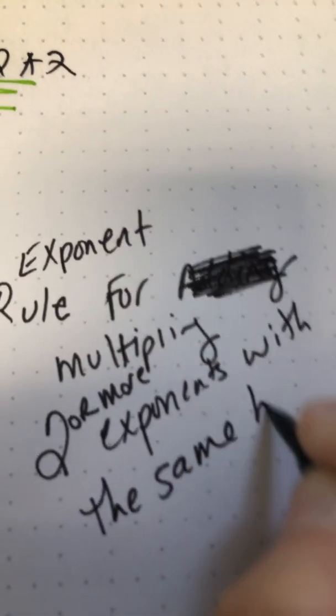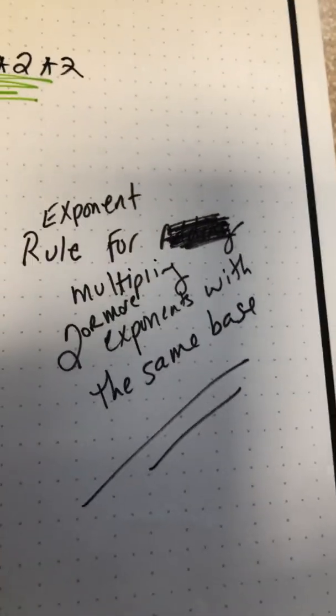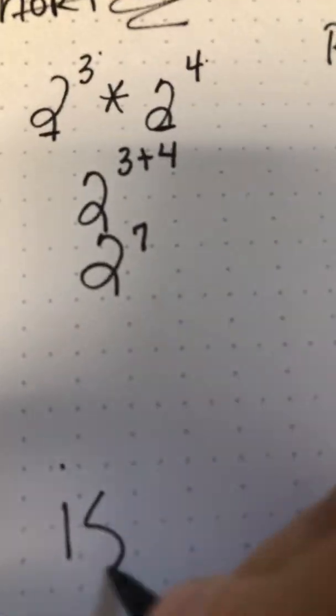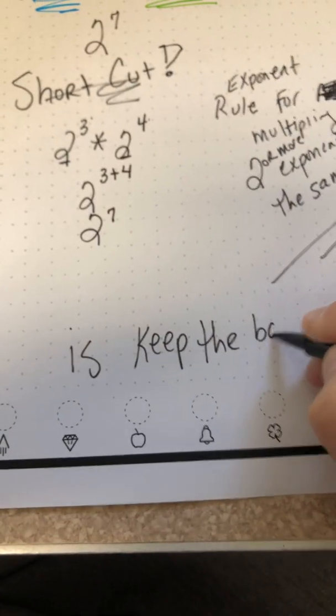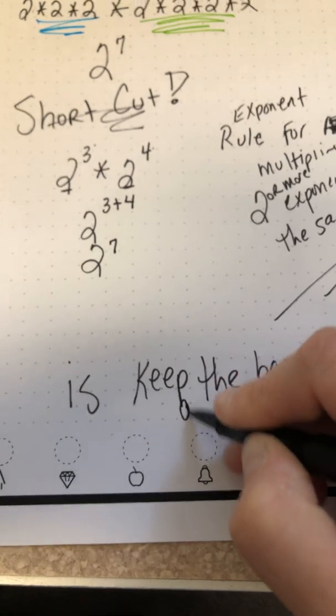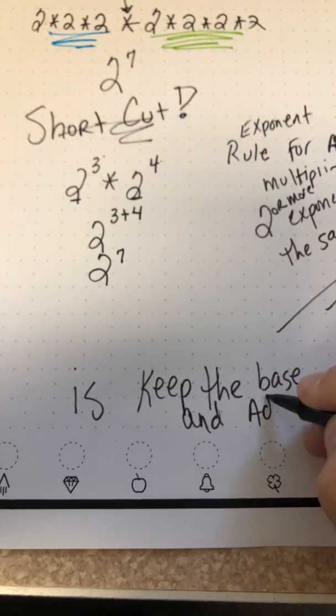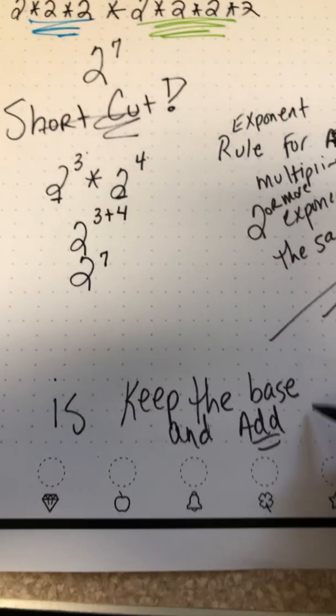So the same base is important. So the rule for multiplying 2 or more exponents with the same base is keep the base and add the exponents.